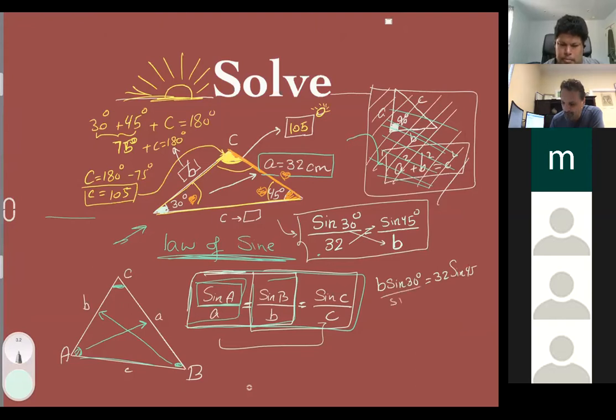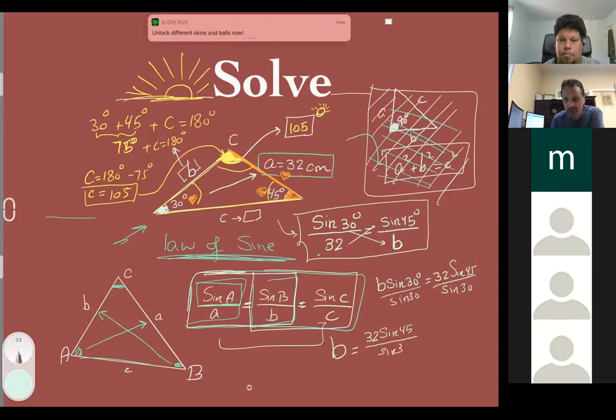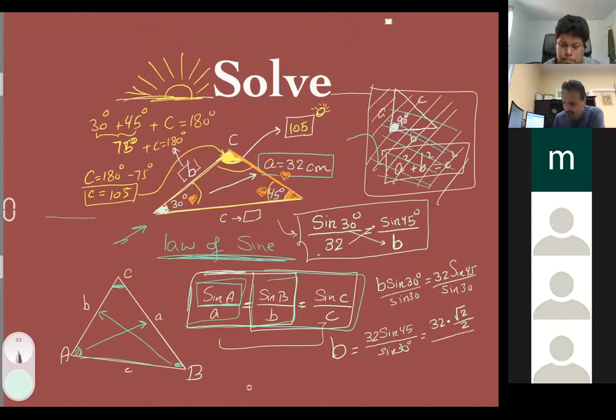Then divide by sine of 30, then b equals 32 sine of 45 divided by sine of 30 degrees. So that's 32 multiplied by root 2 over 2, divided by 1/2. Sine of 30 degrees is 1/2. Sine of 45 is root 2 over 2. If we cancel this 2, b will be equal to 32 radical 2.